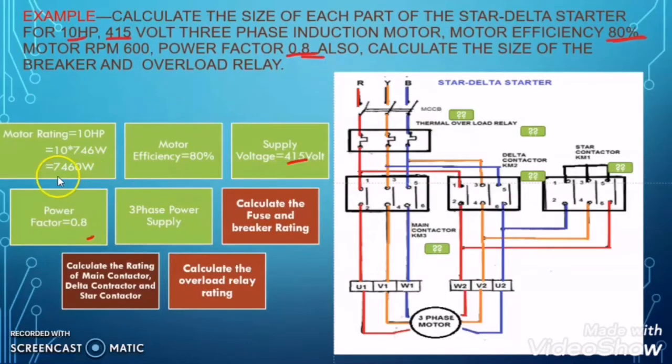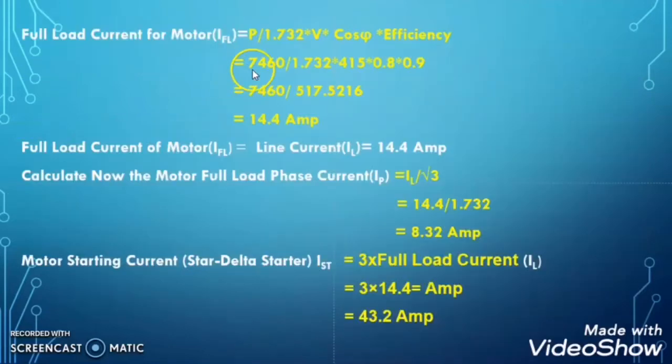P here is 7460. So I put the value 7460 divided by root 3, V is 415 volt, cos phi is 0.8, efficiency is 0.9. When we calculate this, we get the value 14.4 ampere. So this is the full load current for the motor. The full load current of the motor and the line current will be the same.